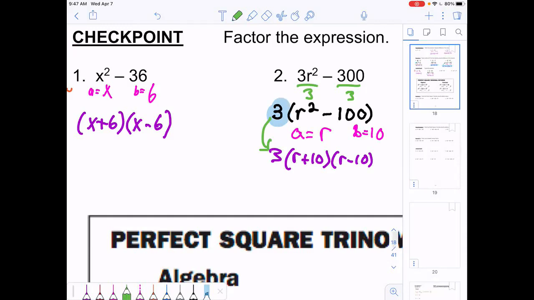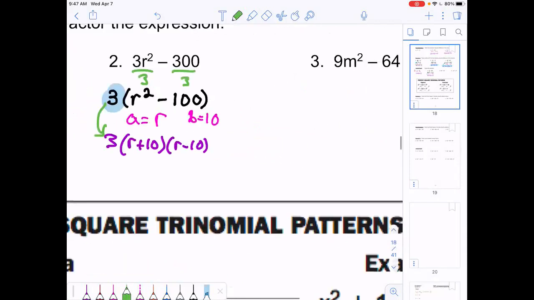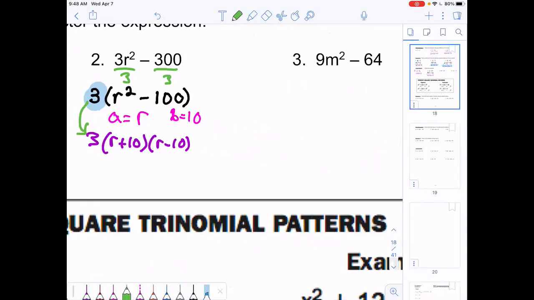So that's it. All right, look at the next 2. If you notice in this case, is 9 a perfect square? Yeah. So since it is a perfect square, we can find our A and our B. Bill, what's our A going to be in this case?